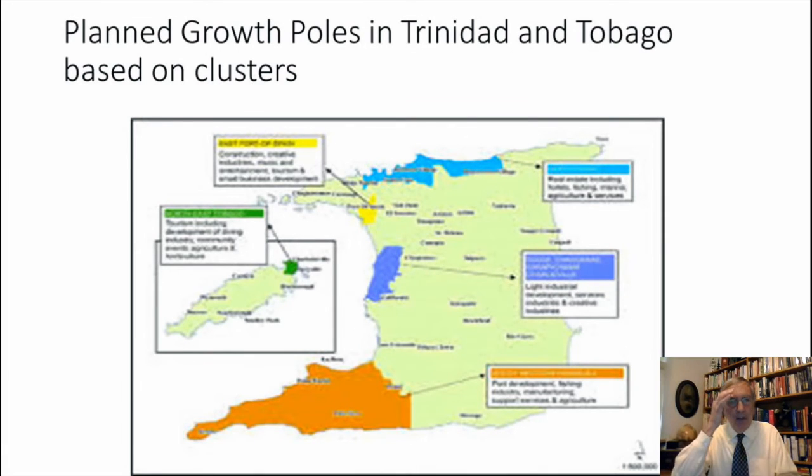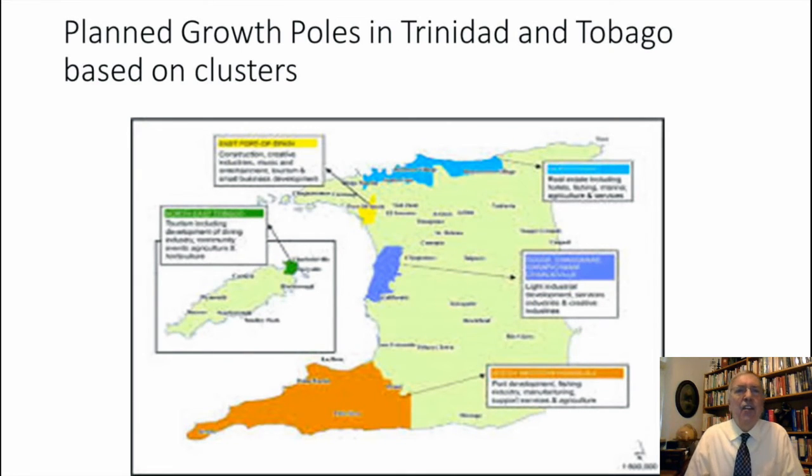This is an example of the country of Trinidad off the coast of Venezuela. It's actually two islands. Trinidad is the big island here, and Tobago, which is shown as an inset map. It's actually located like over here. But anyway, Trinidad and Tobago is the name of the country. It's two islands. So they want their economy to develop and bring in better jobs and so on.